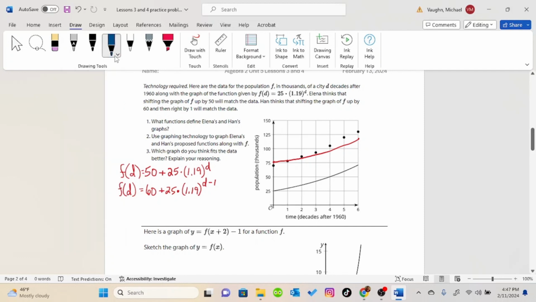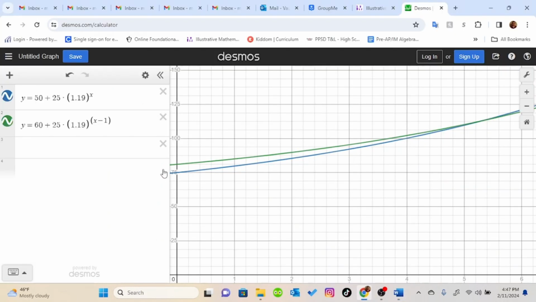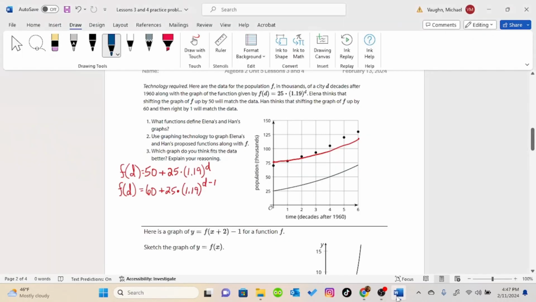And now we'll look at Han's. And Han's is this green line right here. We can see that it goes up and starts around 80-ish and then still meets right around in that same location.